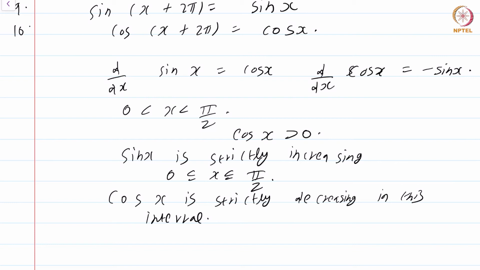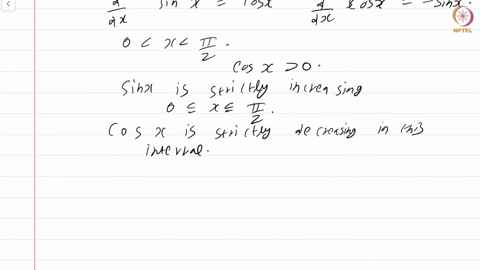Now we can repeat using some of these formulas involving sine of x plus pi by 2 and so on. We know that if you take pi by 2 less than or equal to x less than or equal to pi, we have, not shown, you will show, that sine x is cos of x minus pi by 2.